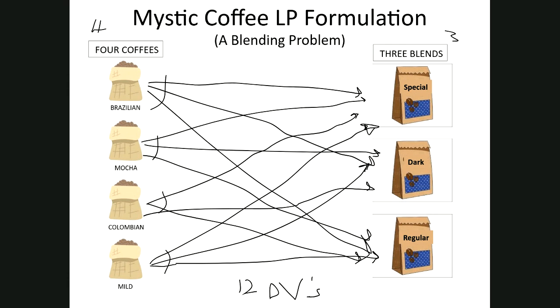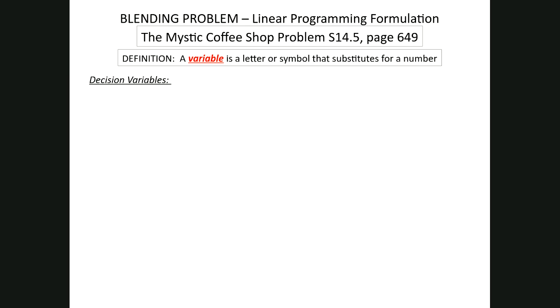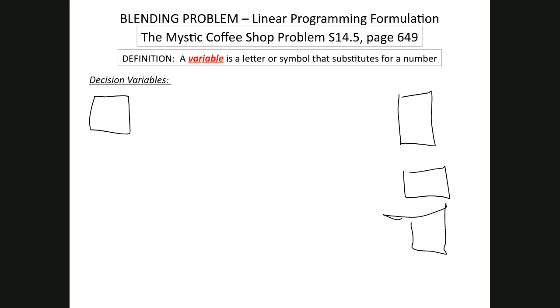All right. So now we're going to talk a little bit more about the decision variables. The first thing, I'm going to try to draw this again. Here, first of all, we've got a coffee. Here's the Brazilian coffee, and we've got our 3 blends. This is the special.